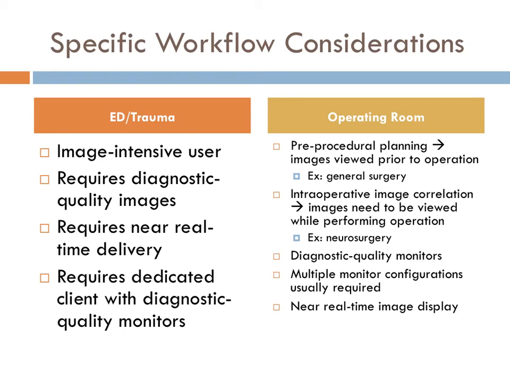An example is in neurosurgery. They need diagnostic quality monitors in the OR, and the multiple monitor configurations are usually required, so they'll be set up, maybe even a dual monitor situation, or set up on different ends of the operating room so that the doctor can easily view them at any angle. And they also require near real-time image display.